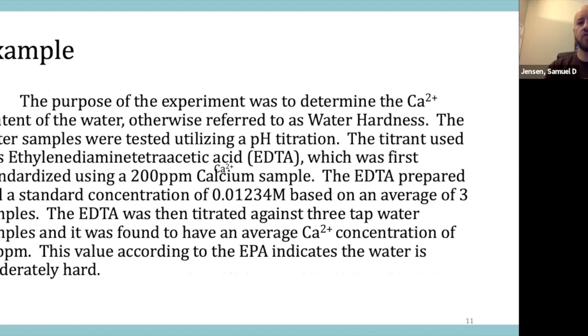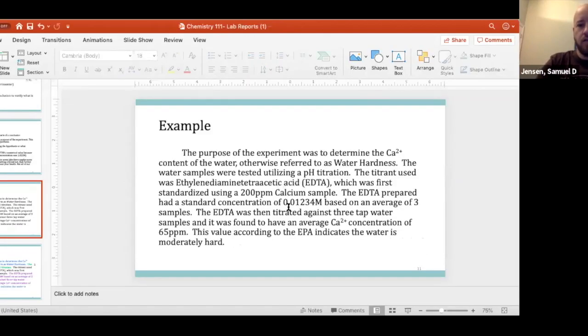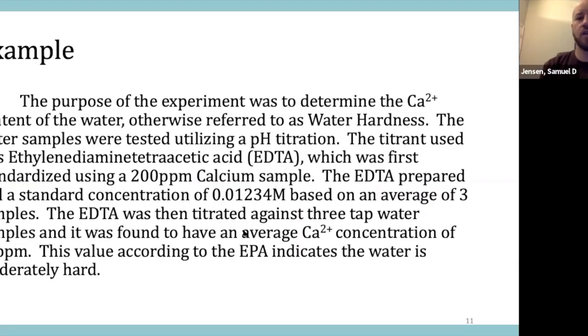So here's what it would look like. This is a conclusion from the hard water lab. The purpose of the experiment was to determine the calcium content of the water, which we refer to as water hardness.